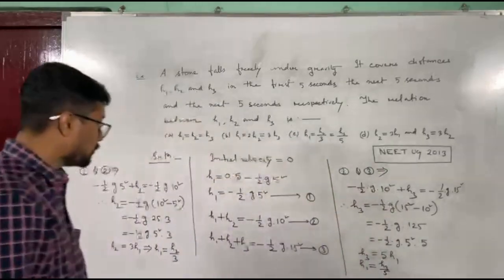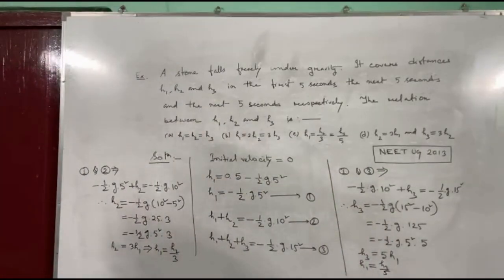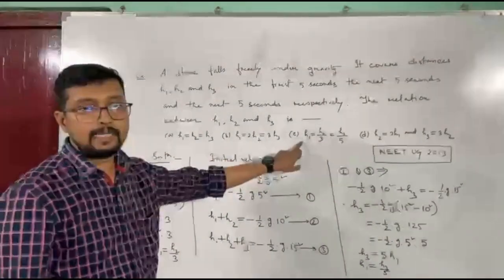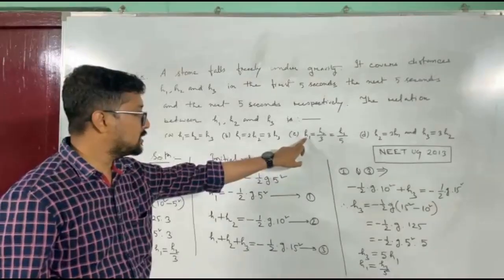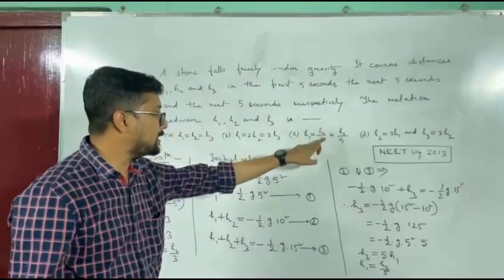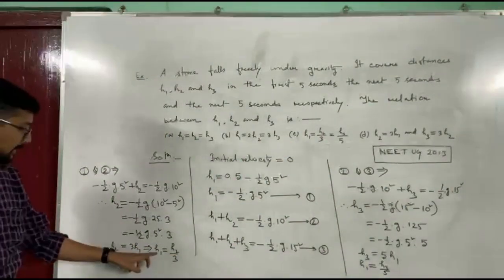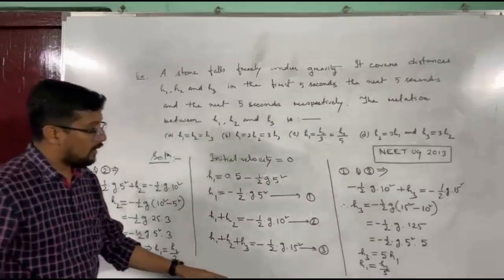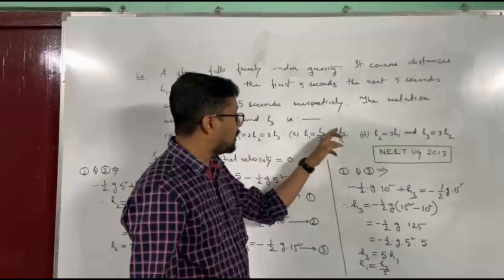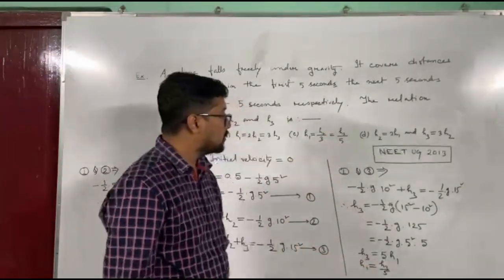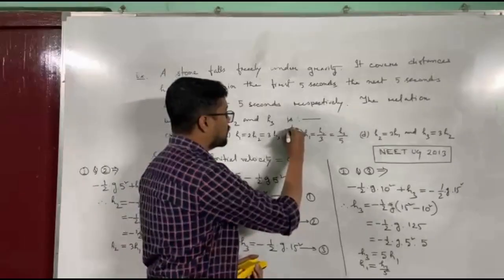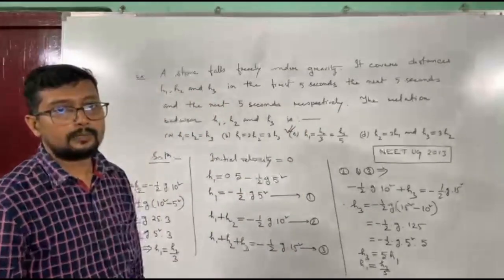So which option is matching? Option C is matching, because option C says h1 is equal to h2 by 3, and h1 is also equal to h3 by 5. So the correct option is option C.